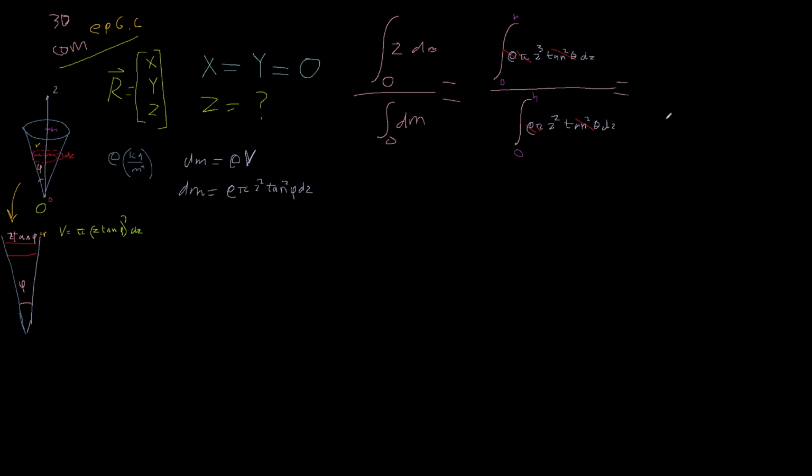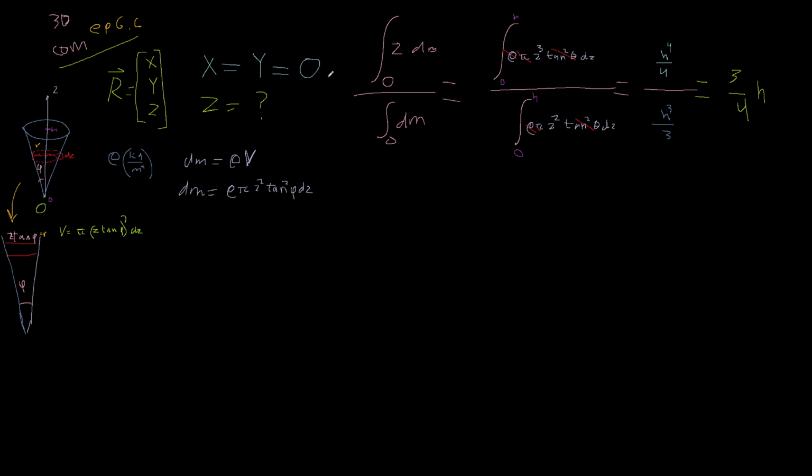So this is going to be h cubed over 3 in our denominator, and on top we are going to have h to the 4 over 4. So what comes out of this is 3 over 4 h.